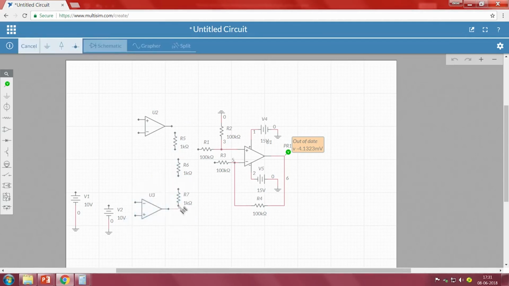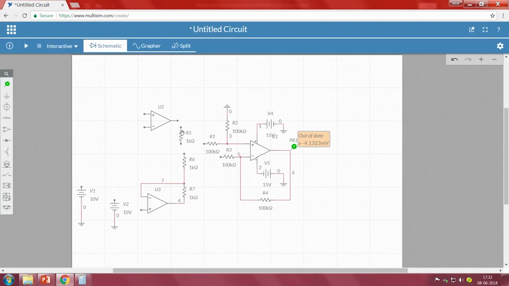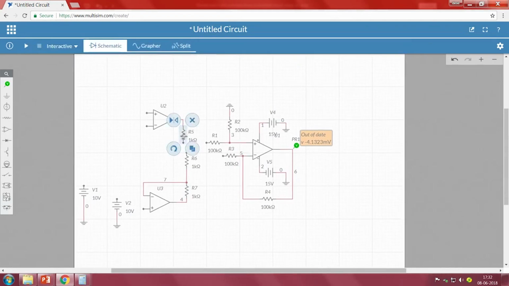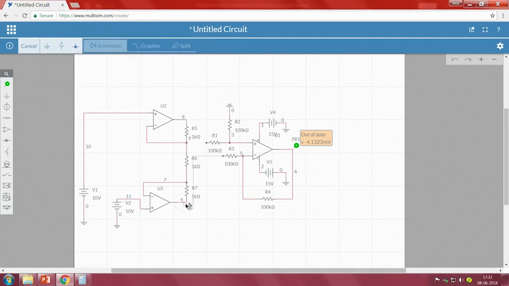Now, the output has to be connected at this point and the negative terminal should be connected here, this 2 here, and this 2 here, whereas the negative terminal should be connected here. This is my V1, whereas this is my V2. This has to be connected. So, all the required connections are made.